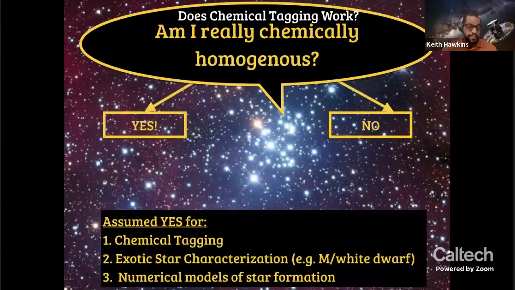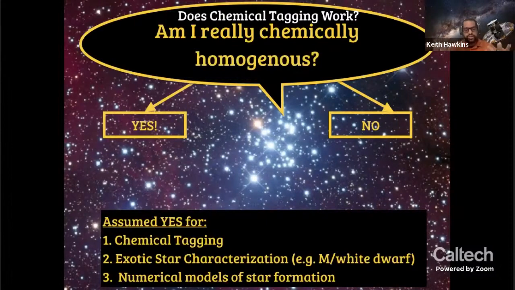It's assumed to be yes for chemical tagging, but it's also assumed to be yes for things like exotic star characterization. The way people measure the detailed abundances or even the metallicities of M dwarfs, up to now, is that people largely compare the M dwarf with a binary companion that is an FGK type, a much warmer star, because M stars are very cool, and doing the detailed chemistry of them is really hard because we don't really have a good handle on the molecular opacities there.